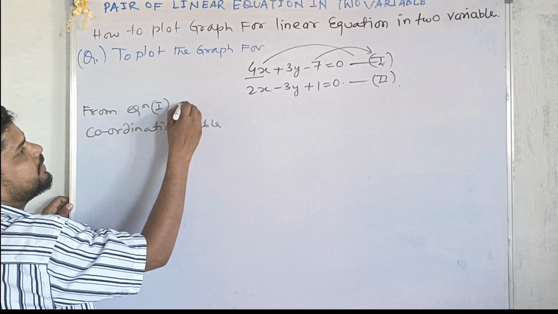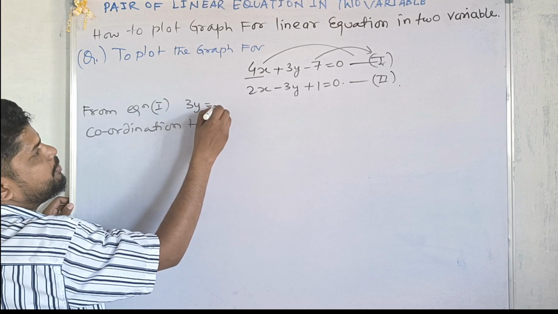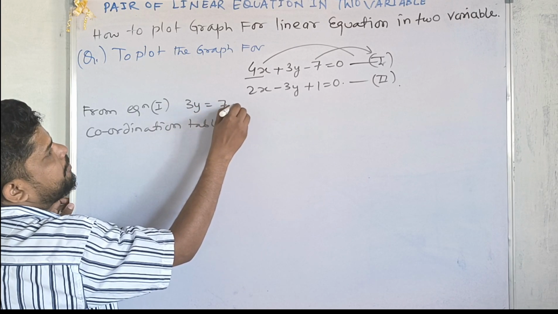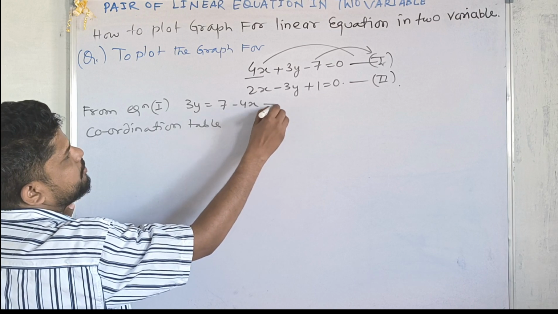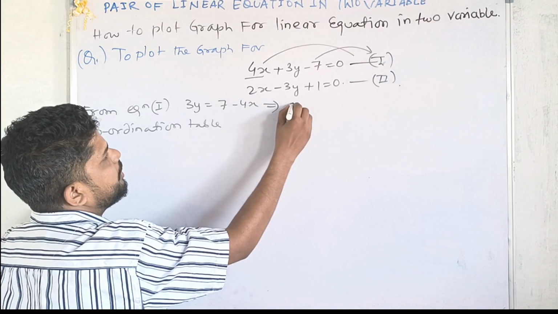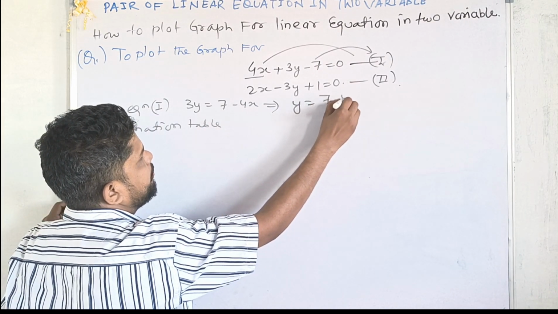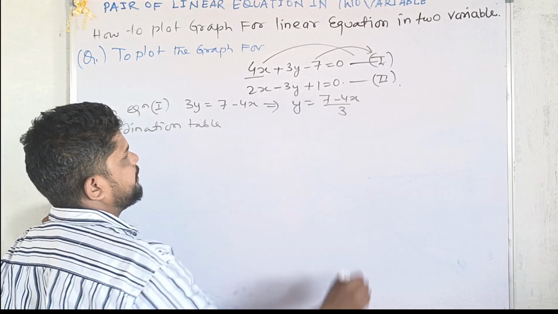What remains is 3y = 7 - 4x, and this gives y = (7 - 4x) / 3.